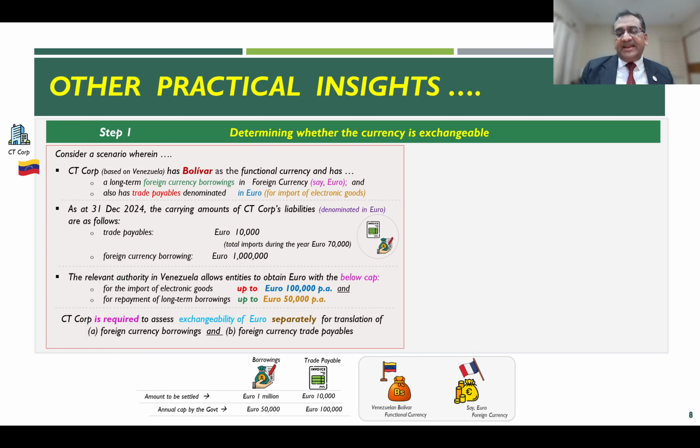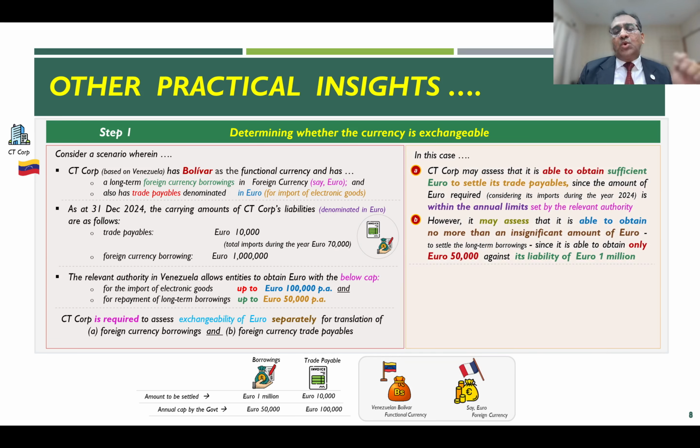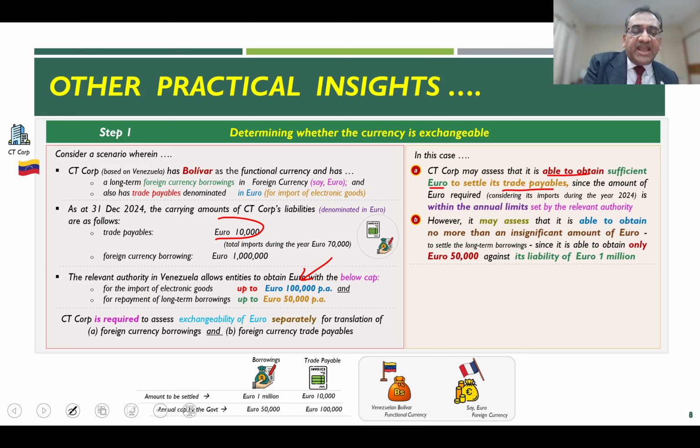So with that said, how does it all boil down to whether and how Citicorp should apply the amended requirements of Ind AS 21 and IAS 21? In this case, Citicorp may assess that it is able to obtain sufficient euro to settle its trade payables. Why so? Because the limit is up to 1 lakh euro per annum and the outstanding amount is 10,000 out of the permitted overall total import of 70,000.